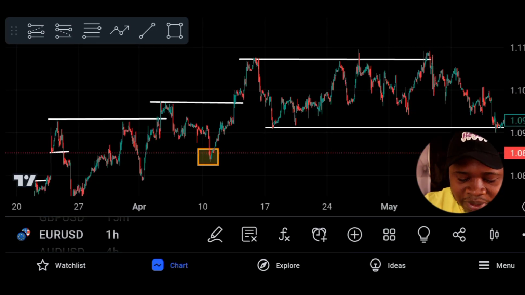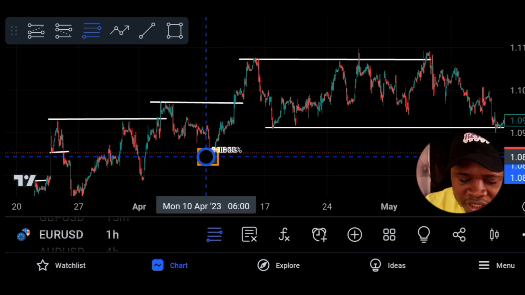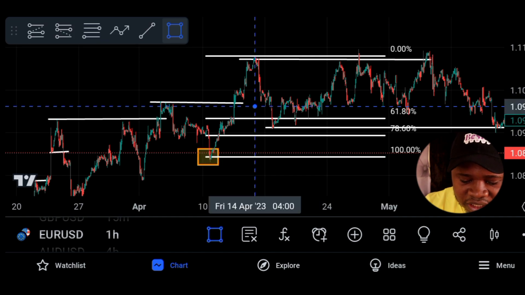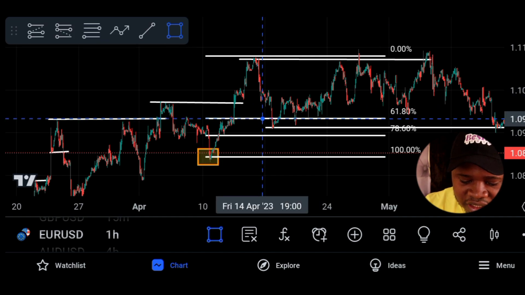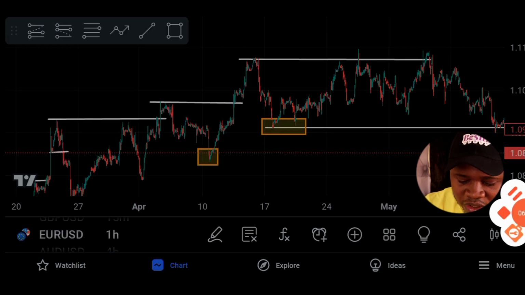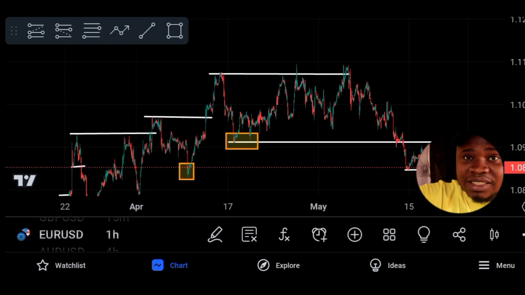The uptrend continued. All right, plot your fib from the same recent low up to the recent high. The market actually came into 618 and 78 level and is buying. In fact, once it comes there, it buys, right? Now it buys to the next resistance, and that's where your TP should be.